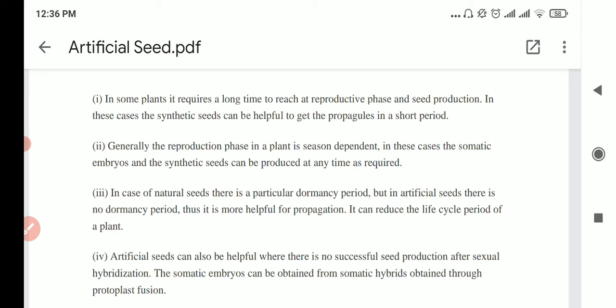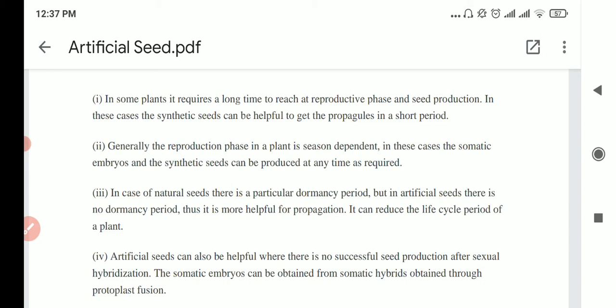Oh God, just thinking about it, I'm already tired. I'm tired of waiting, because I'm the impatient type of person. So for those plants that have a long reproductive phase, artificial seeds help to reduce the time period.